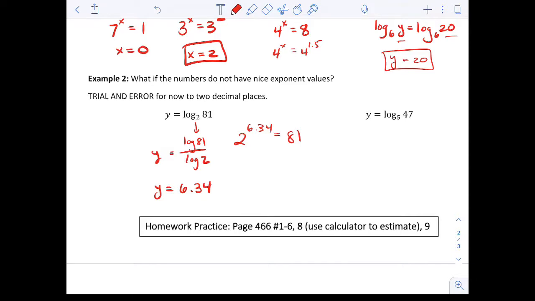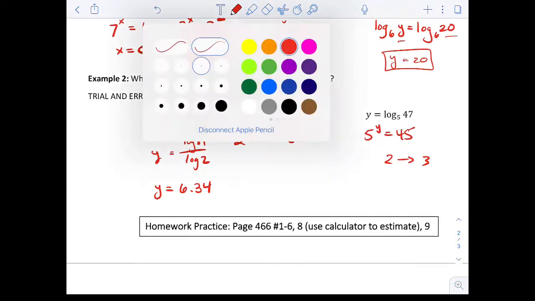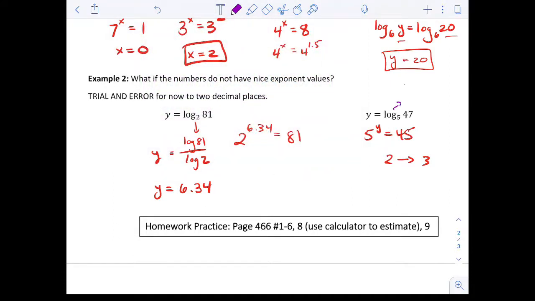And the last one over here, if I was to evaluate it, I might say, well, let's put it in exponential form. 5 to the power of y is equal to 45. And if I look at this, I know the answer is going to be somewhere between 2 and 3. Because 5 to the power of 2 is 25. 5 to the power of 3 is 125. But I said, well, we can evaluate these ones by doing log 45 divided by log 5.